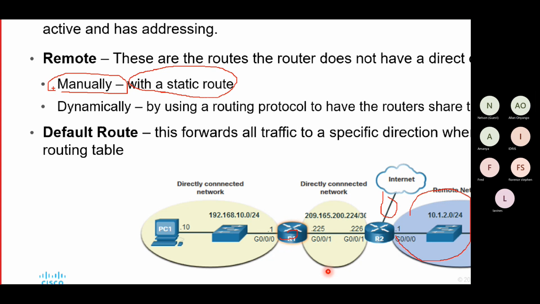Number two, if there are so many for you to add in your router, then you can do it automatically, which is called dynamic routing protocols. You can use dynamic routing protocols, such as OSPF, Open Shortest Path First, EIGRP, Enhanced Interior Gateway Routing Protocol, BGP, Border Gateway Protocol, IS-IS, Intermediate System to Intermediate System, and RIP, Routing Information Protocol.